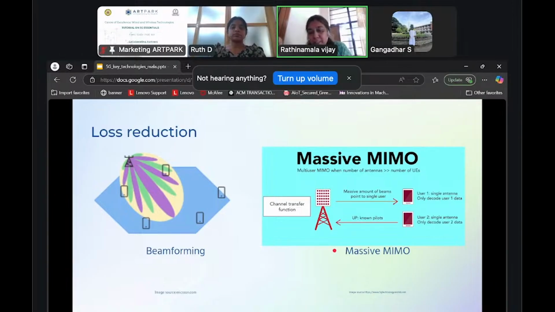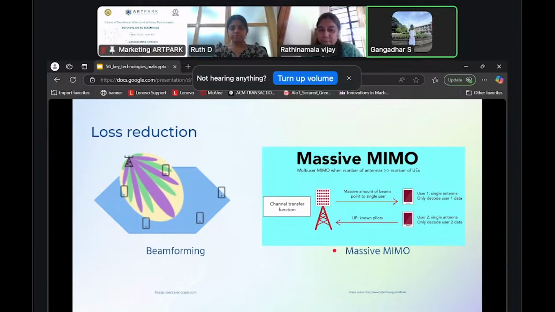There can be reflections, and when the signal hits the tree or nearby objects, it gets reflected. But at the user equipment, they are all received with higher constructive interference, which enhances the signal quality. Such is the design of MIMO as well as beamforming.